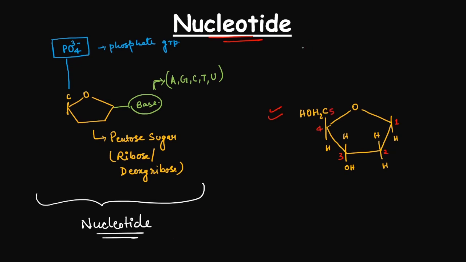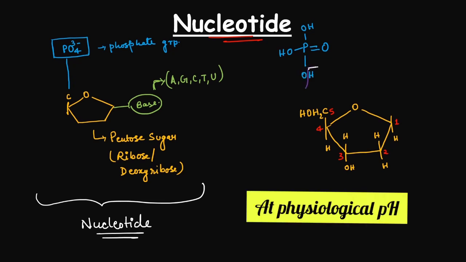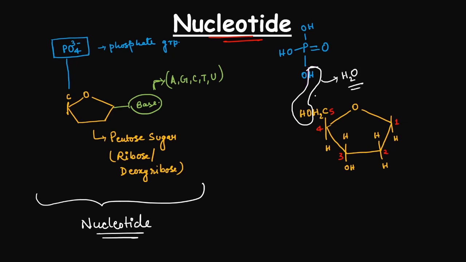Now there is phosphoric acid, P, OH, OH and OH. This hydrogen from the phosphoric acid and OH group from the 5th carbon of the pentose sugar will be released as water, okay, and a bond will form here.